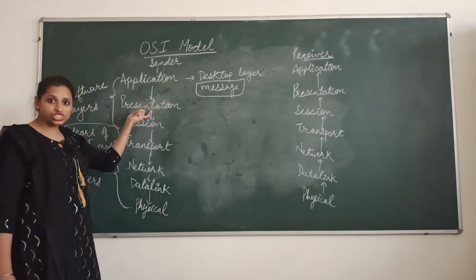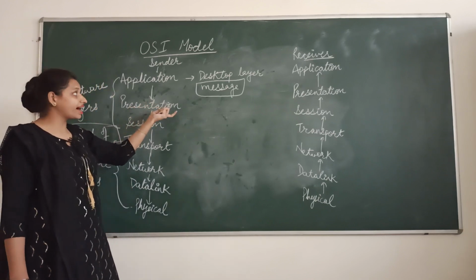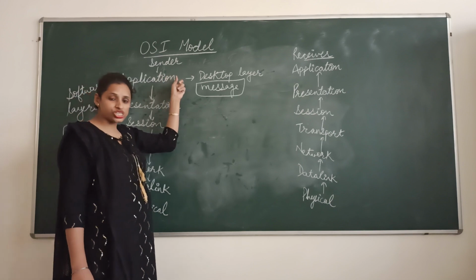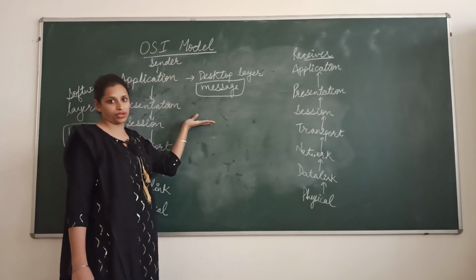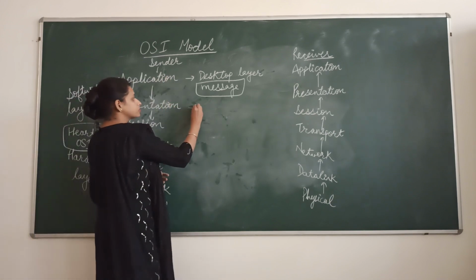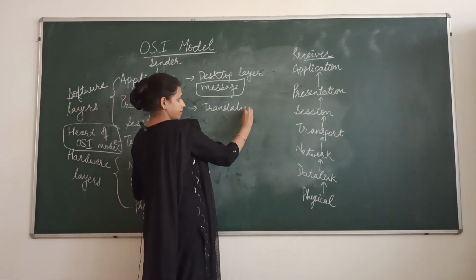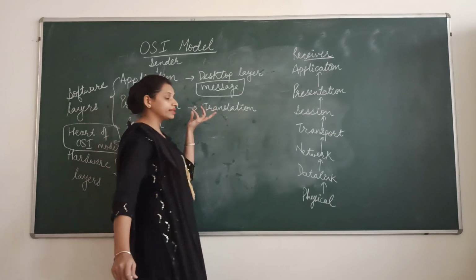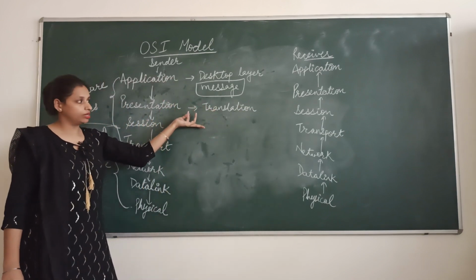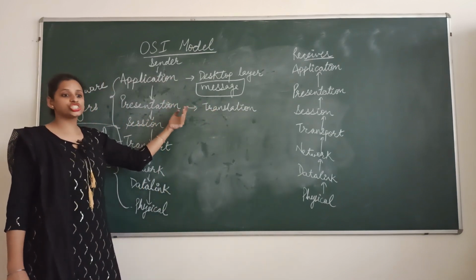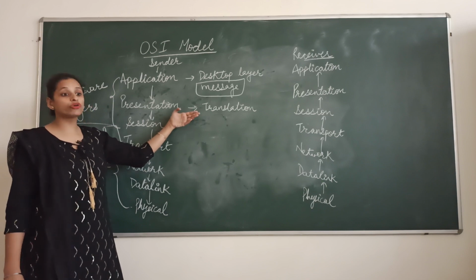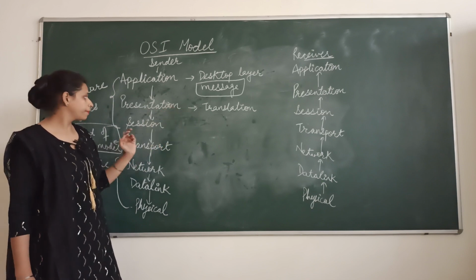Means presentation layer translates the data from application layer into required format. So this layer is also known as translation layer. In this, data is encrypted, means it is in the form of coding.